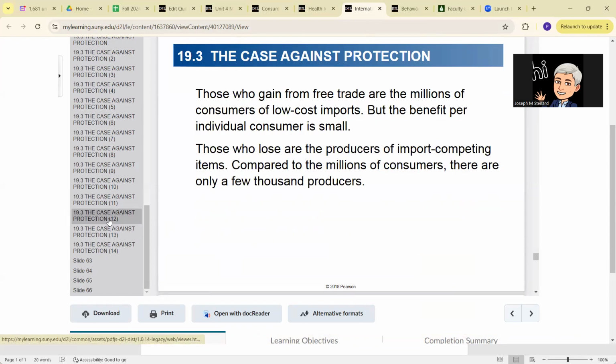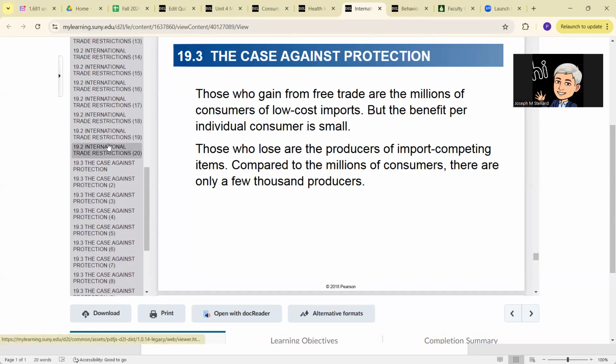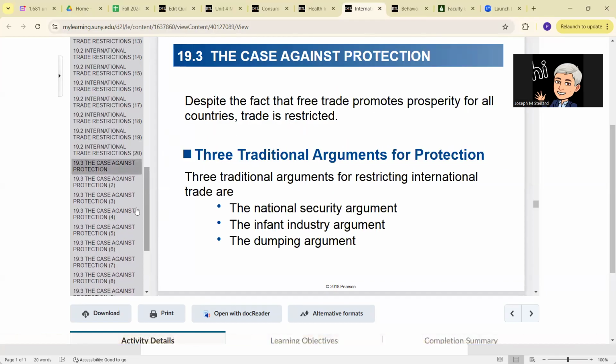And this is a good slide to go through, right? When we look at this, should we protect our industries from foreign competition? Should you protect them by putting up tariffs and barriers, quotas, and whatnot? And there's a case for protection.